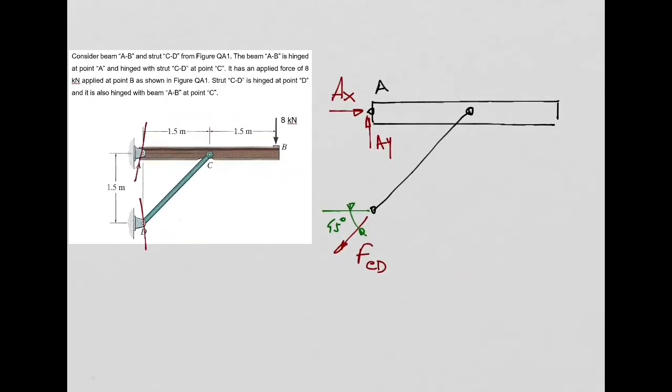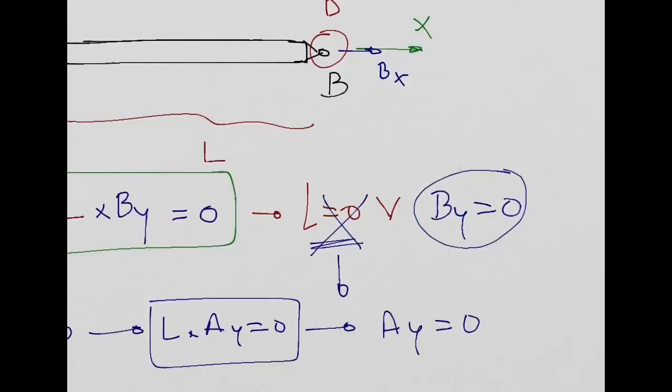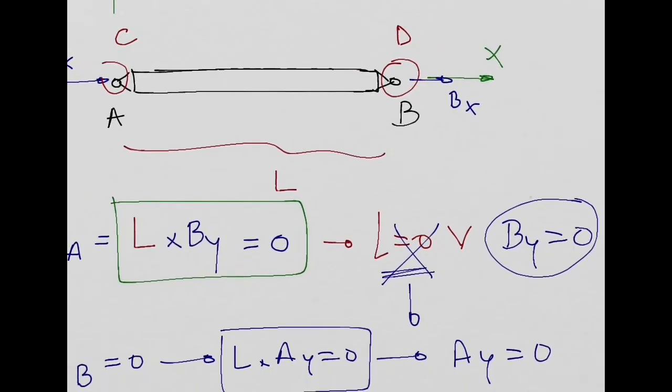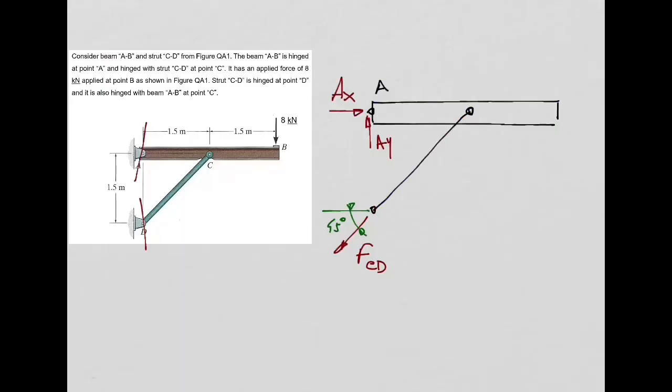So I know that this force FCD needs to have the direction of the strut, because otherwise this strut will not be in equilibrium. We made that conclusion here in the analysis of this strut. So these are all, yes? I think it's 45 degrees.